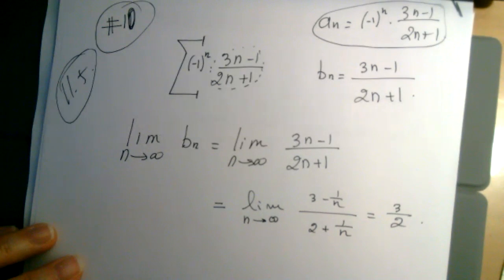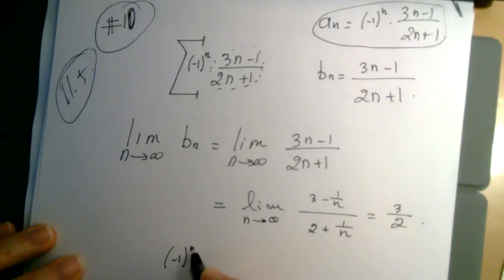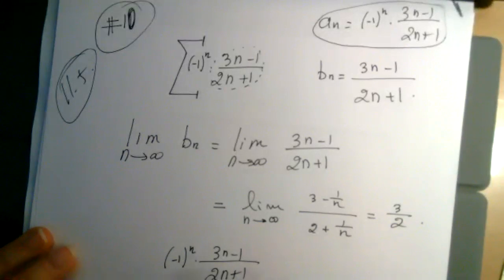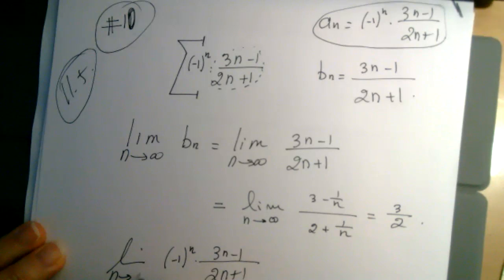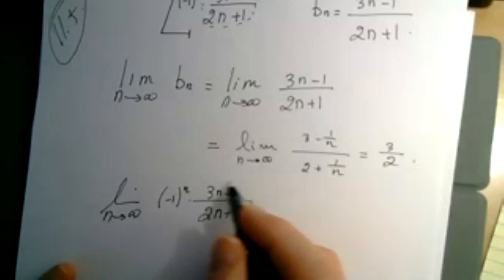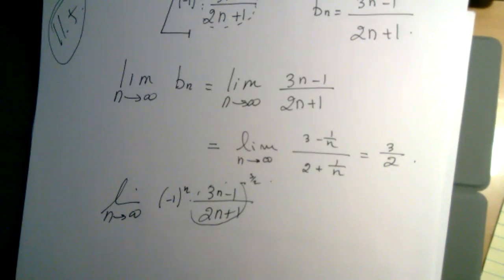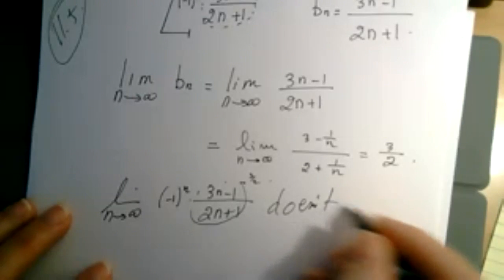So this is equal to 3/2. It means the original terms, when I take minus 1 to the n times 3n minus 1 over 2n plus 1, here I'm wasting 5 minutes. The limit as n tends to infinity of those terms, we know that those become close to 3/2. But having the minus 1 to the n in front means the limit does not exist.